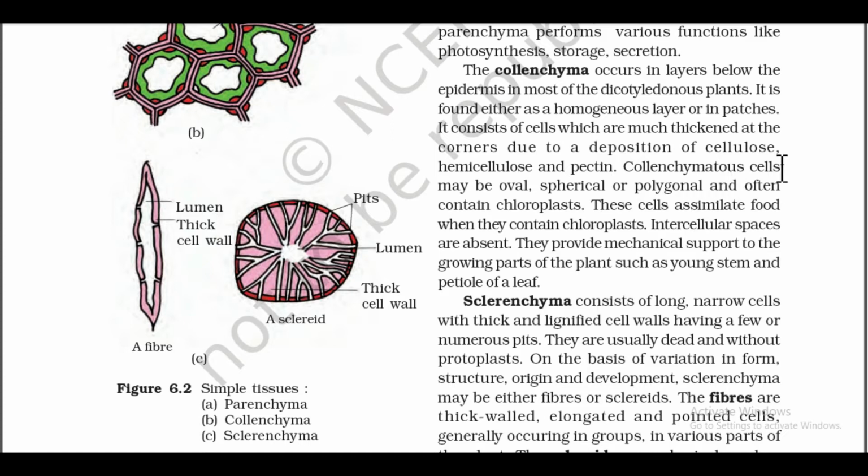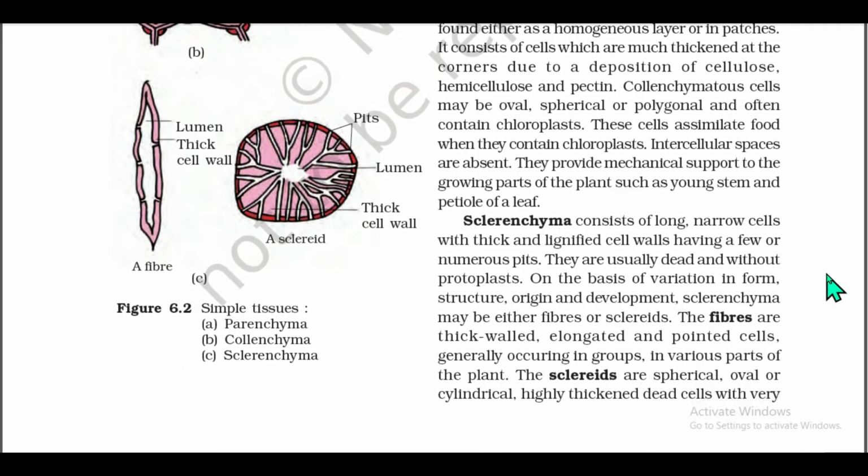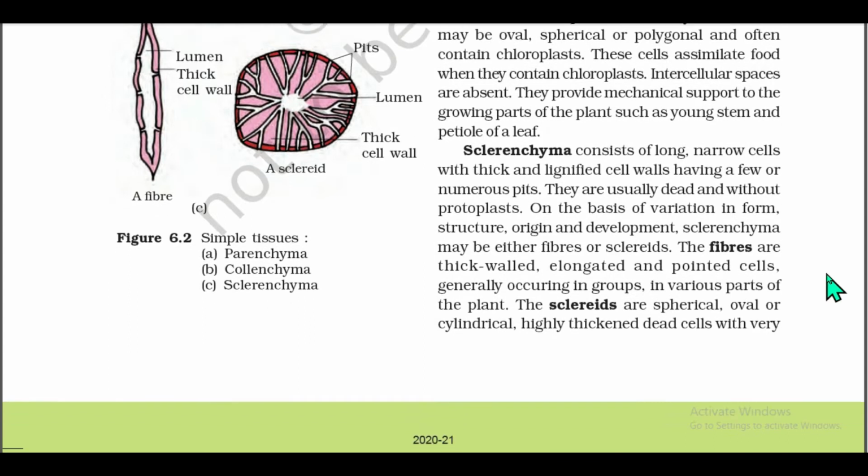Collenchymatous cells may be oval, spherical or polygonal and often contain chloroplasts. These cells assimilate food when they contain chloroplasts. Intercellular spaces are absent. They provide mechanical support to the growing parts of the plant such as young stem and petiole of a leaf.